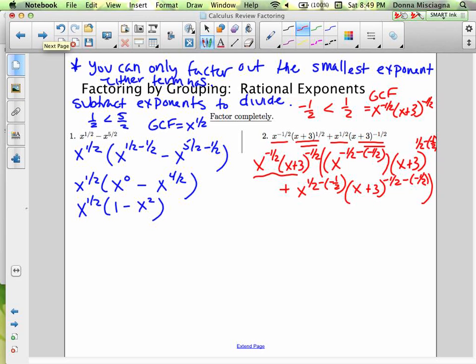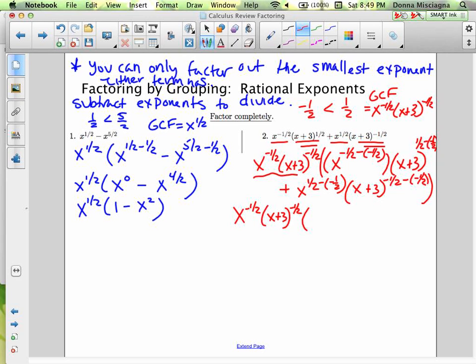So sorry I had to write it as 2 lines, but when I write down the subtraction, it took a little too much space. All right, so we have what we pulled out, x to the negative 1 half times x plus 3 to the negative 1 half times, all right, so that's negative 1 half plus 1 half, right, minus a negative. Well, that's 0, and anything to the 0 power is 1, right?